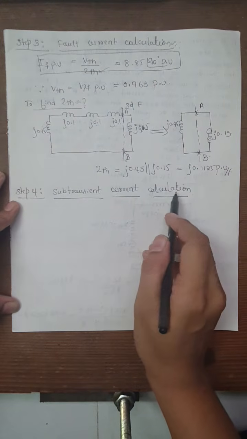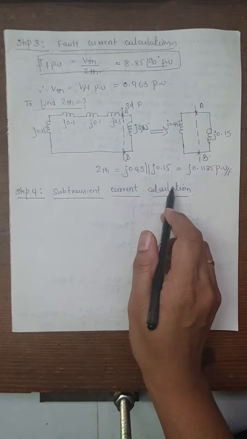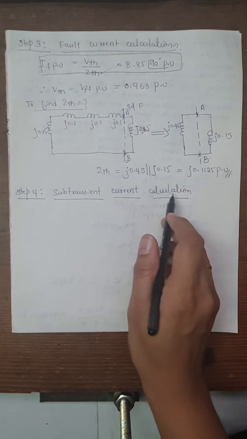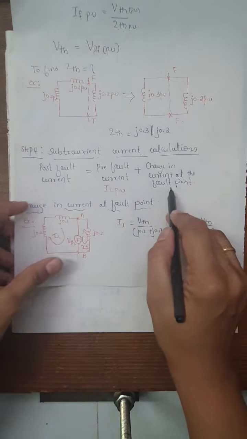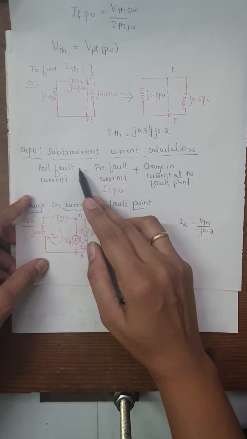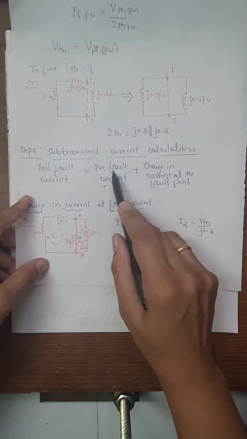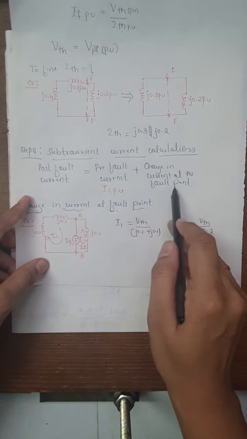Before the subtransient current calculation, we know the formula for the subtransient current or the post-fault current. It is the pre-fault current plus the change in current at the fault point. So these are the steps we have seen in the procedure. So pre-fault is nothing but IL in per unit and change in current is nothing but I1 and I2.